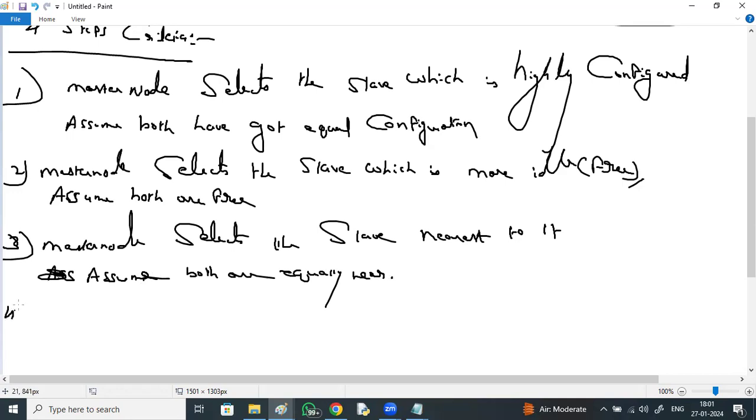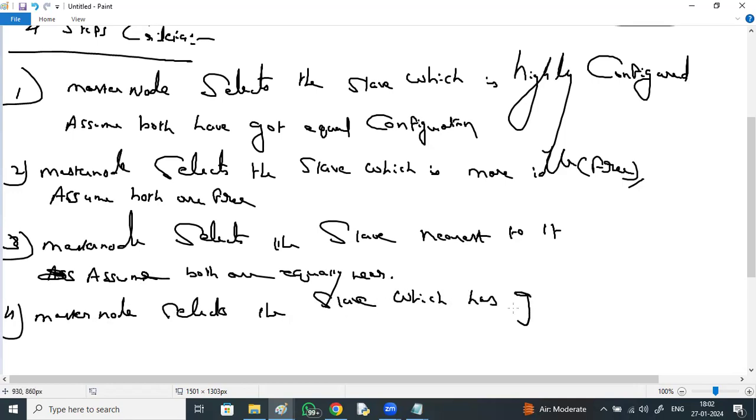Then the master node selects the slave which has good health status.